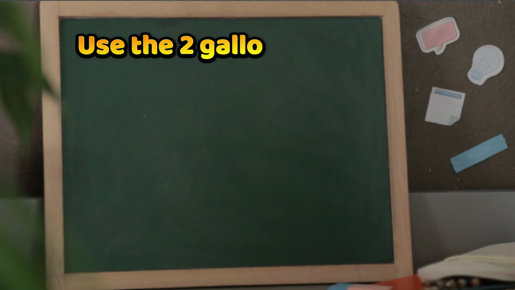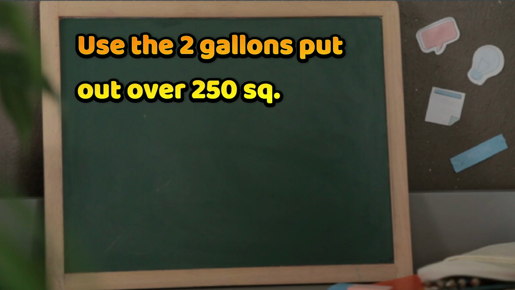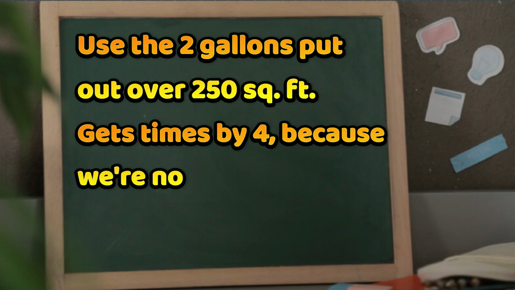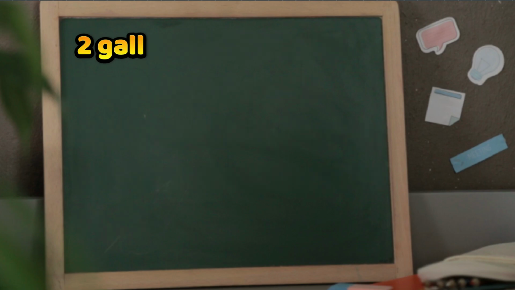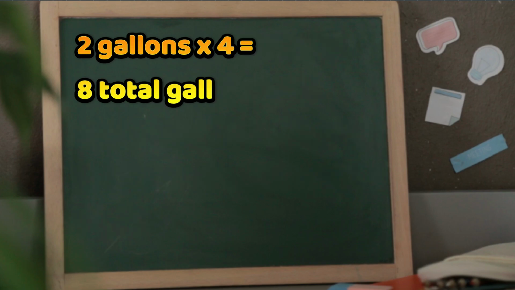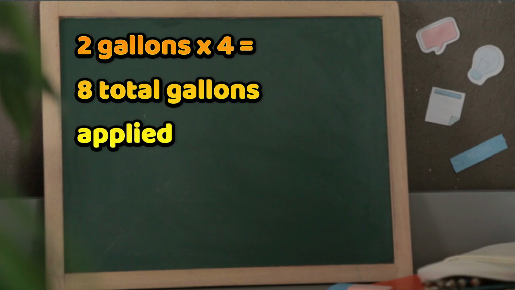We have a simple solution here. That 2 gallons we put out over 250 square feet gets multiplied by 4 because now we're treating 1,000 square feet, for a total of 8 gallons needed. I hope this helps out because so many people fail exams or don't apply correctly because of not understanding this, and it's really simple math.